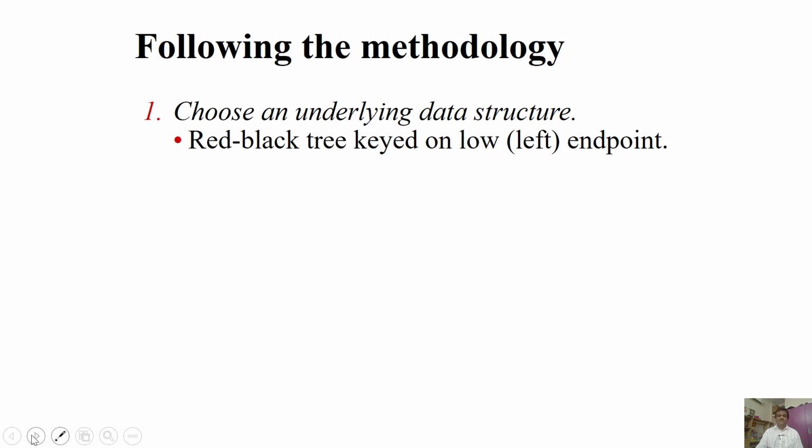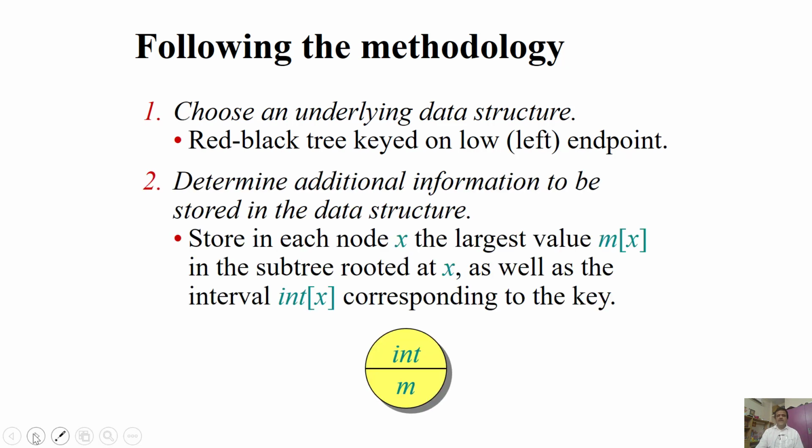We now have to consider an extra piece of information which will help us in this interval tree problem. That information we will keep as this field. This is called max, the largest value in the interval in the tree rooted at this node, including the interval. Basically, we store in each node x the largest value in the subtree rooted at x, as well as the interval int x corresponding to the key.